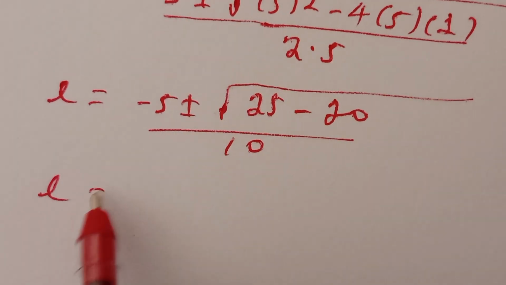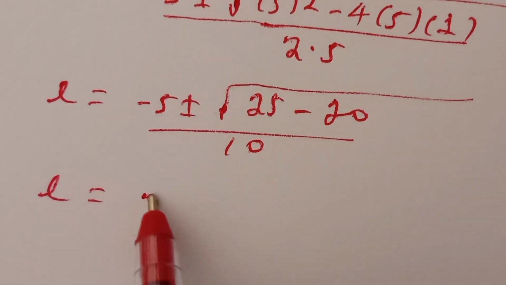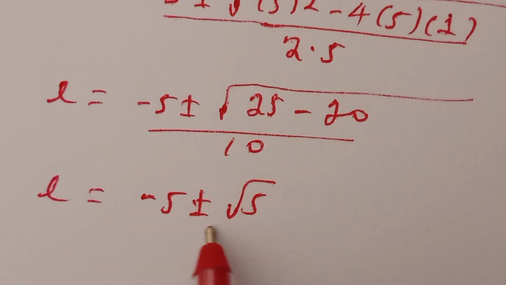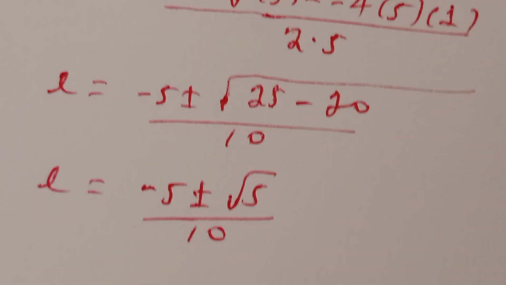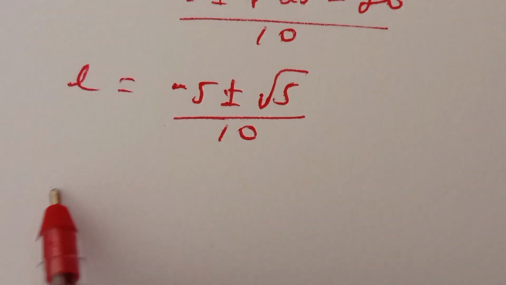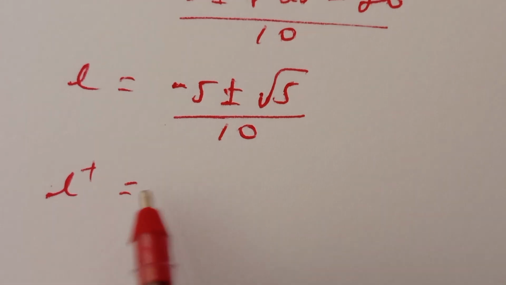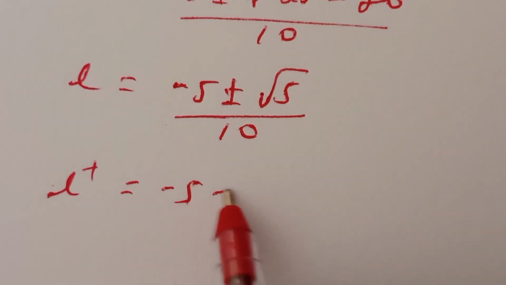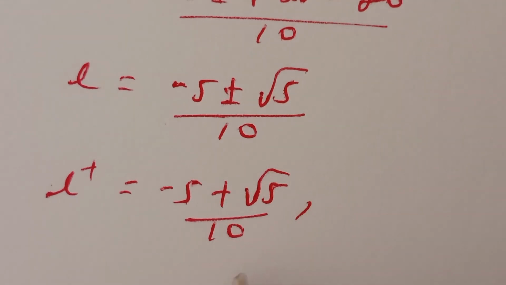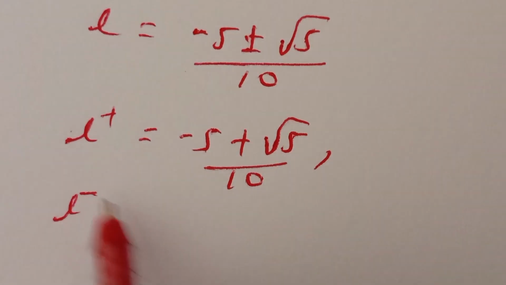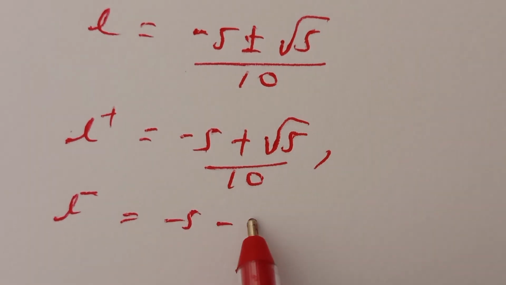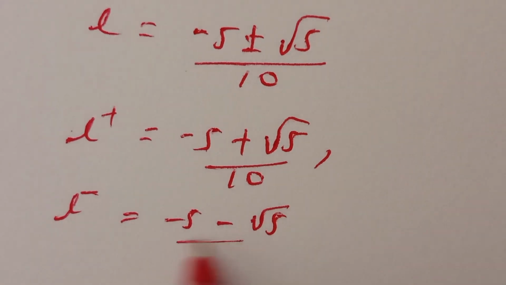This becomes L is equal to minus 5 plus or minus under radical 5 over 10. So based on this, L positive becomes minus 5 plus root 5 over 10, and L negative, this is a minus part, minus 5 minus root 5 over 10.